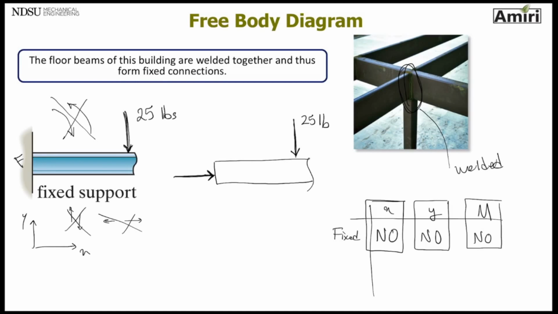So I'm going to say there's an Fx. Then I go to Y. Is there Y? Nope. I'm going to put an Fy there. Is there a moment? Nope. I'm going to put a moment there. So now I have two forces and a moment as a result of a fixed support. So that's my free body diagram.